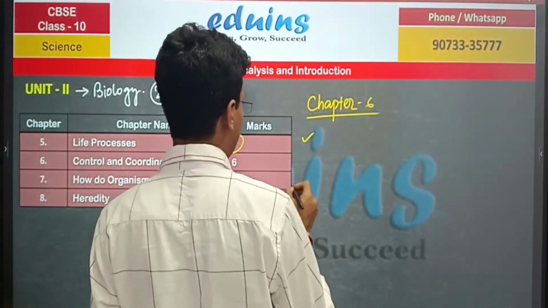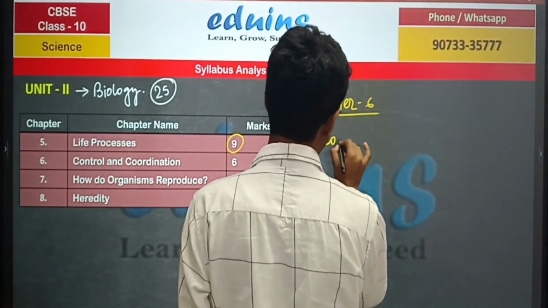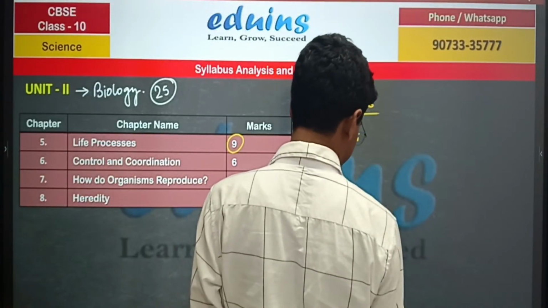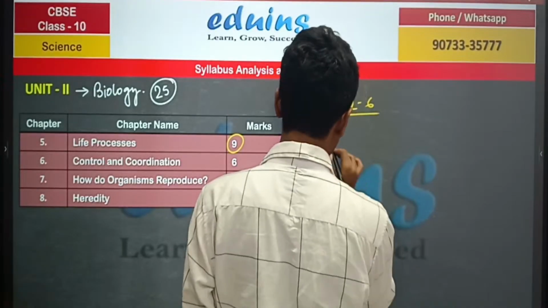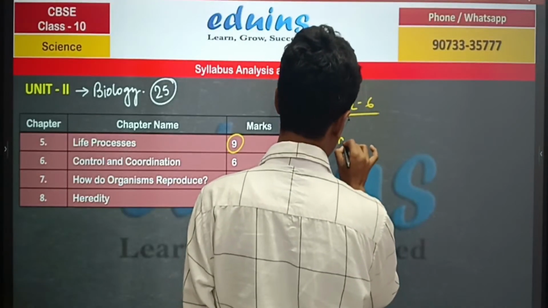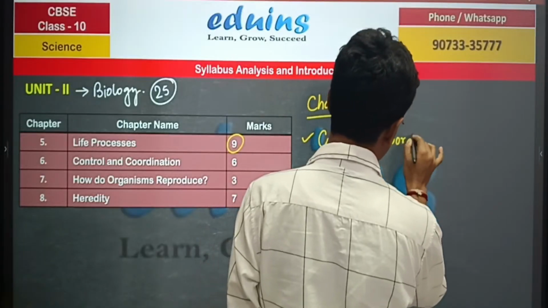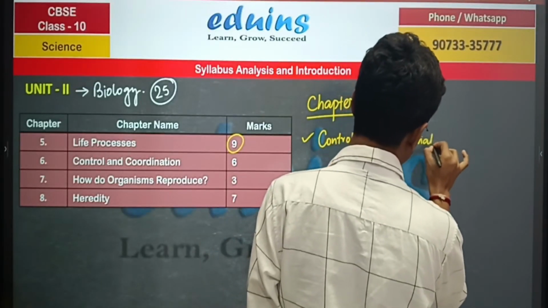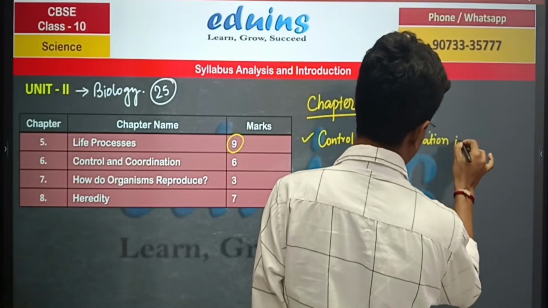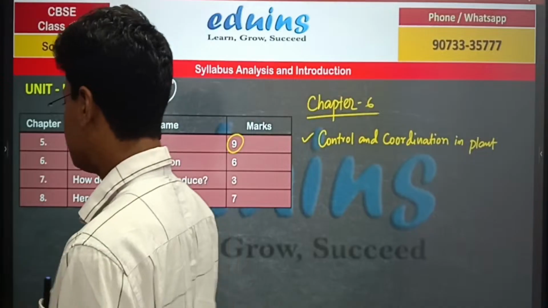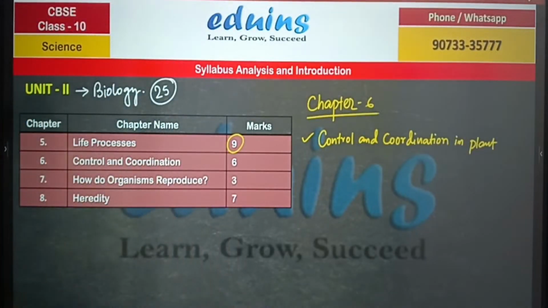First we will study control and coordination in plants.